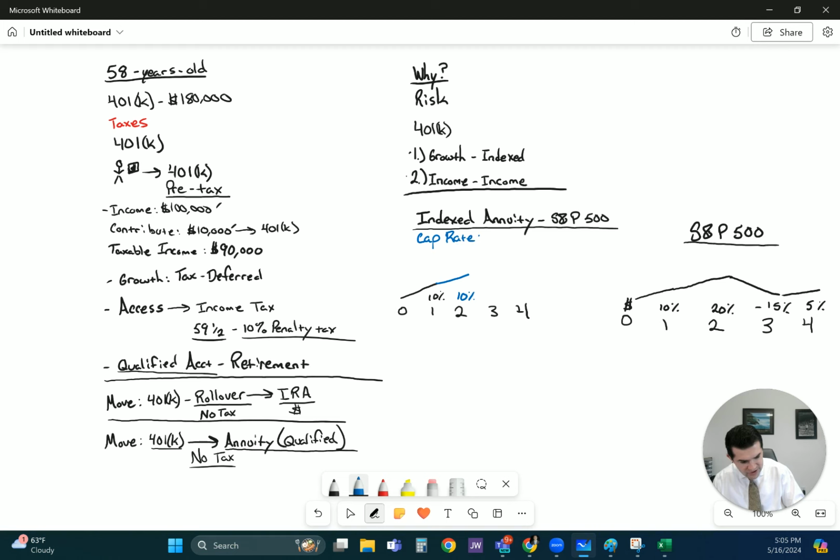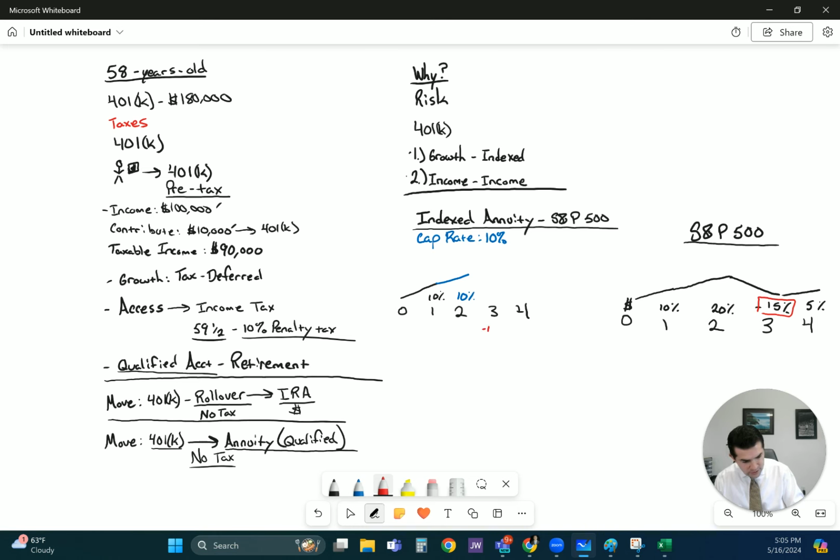There are different strategies that will limit the upside of an annuity. A common example is a cap rate. You're capped at whatever that rate is in terms of total earnings. The next year, what happened? Well, the S&P, with the example to the right, we lost 15%.